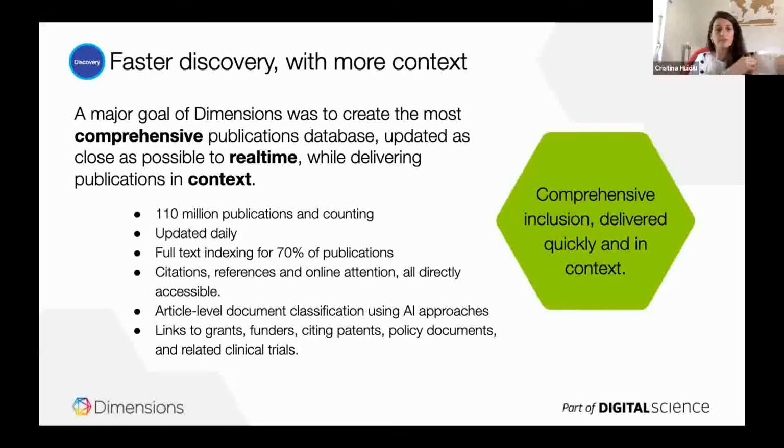We do bring data from multiple different sources. But when it comes to publications, our goal was to be inclusive rather than being the ones that decide which publications are or aren't relevant.